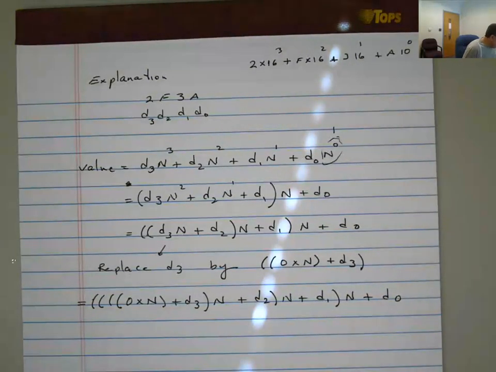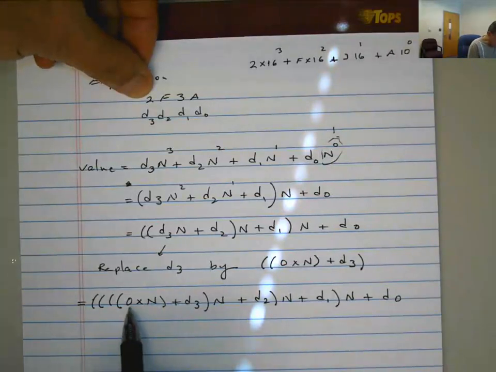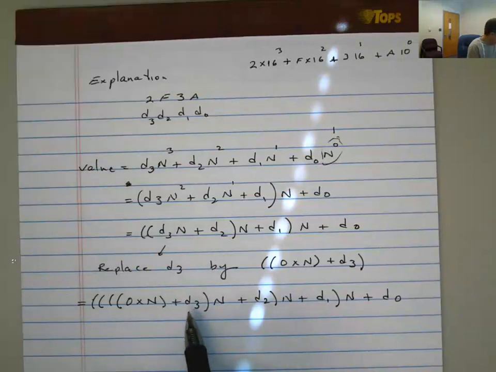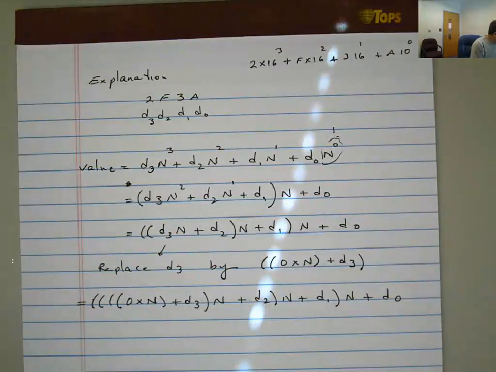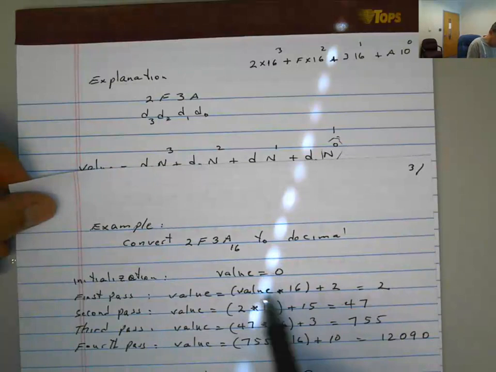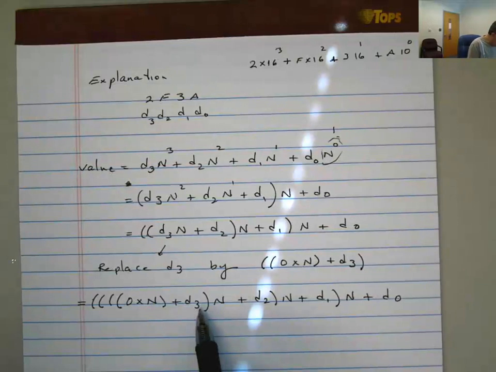And isn't this exactly what we did? On the first pass, it evaluated 0 times n. We said we start with digits, we pick the digits from the leftmost: 0 times n plus D3. That's exactly what we did here. You see that? Value was 0, 0 times n plus D3, which was 2.